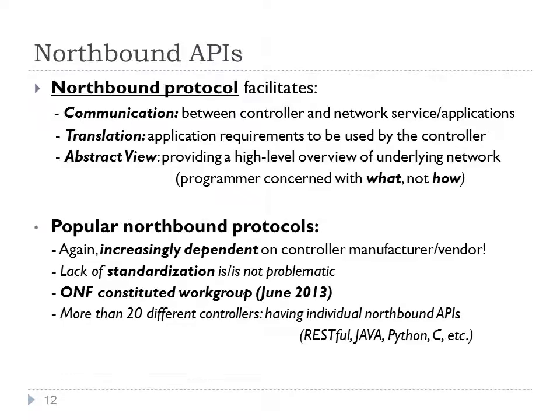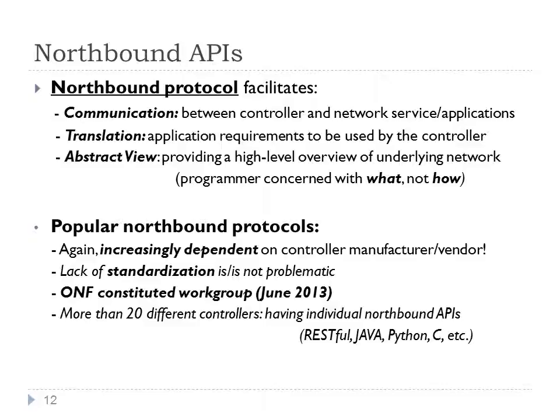Some of the popular northbound protocols in this domain increasingly depend on the controller manufacturer or vendor. And this is more so in the case of the northbound protocol rather than southbound, because there is no standardization at this level. There is no standardized northbound protocol.